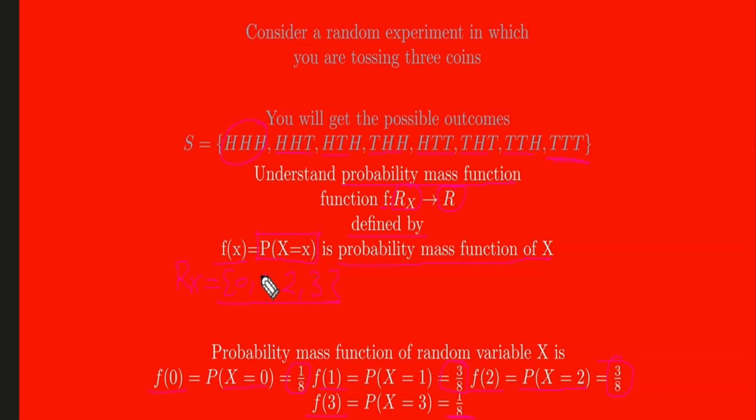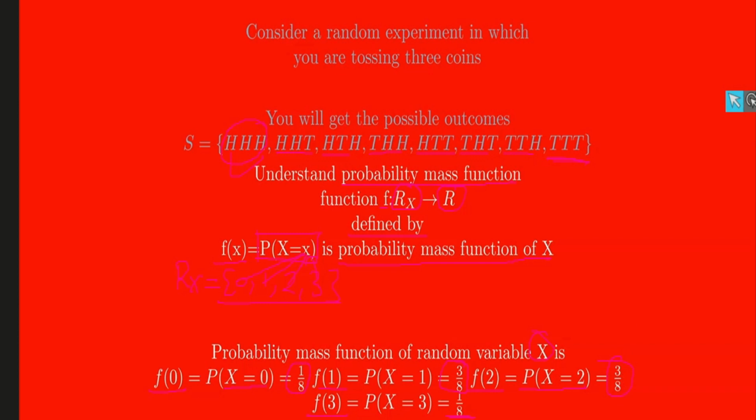So x may be 0 or 1 or 2 or 3, and for that you will have some probability. For x equal to 0, that means there would not be any head, that is 1 upon 8. One head, 3 upon 8. 2 heads, again 3 upon 8. And 3 heads, only one element in the sample space. So the probability mass function of random variable x is distributed as you can see here.